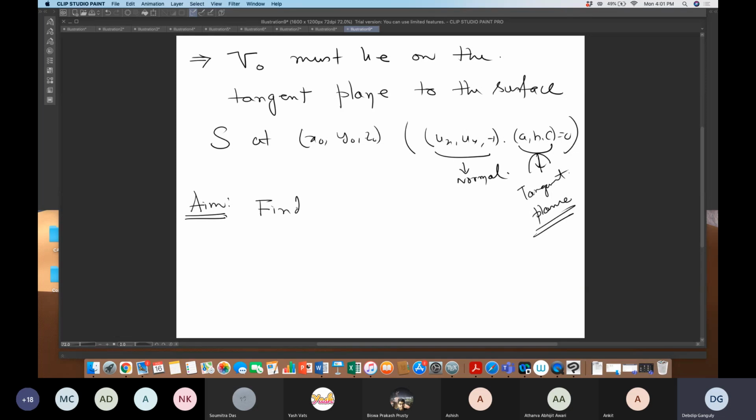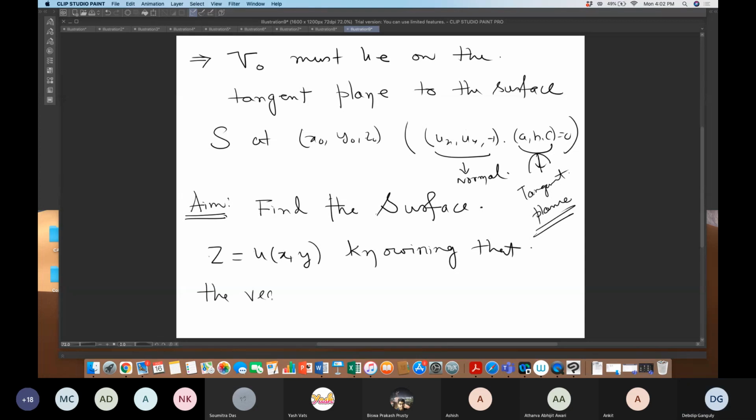To solve the PDE is equivalent to finding the surface z equal to u of x, y, that is the surface S, knowing that the vector field V of x, y, z, which is your vector field (a, b, c), at the point x, y, z.